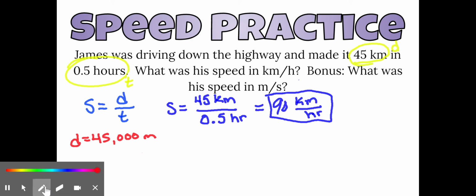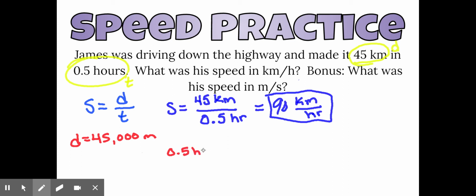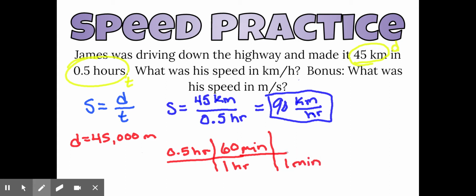And now we need to do our time. Well, we know that we start with 0.5 hours. And we know that in every hour there are 60 minutes, and in every minute there are 60 seconds.